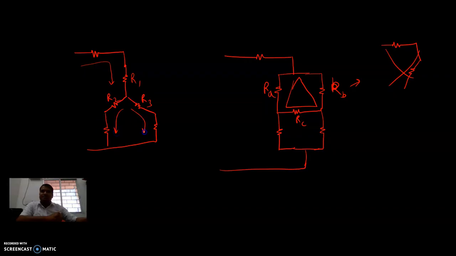This is how the current flows, and you can easily find the equivalent resistance. That is how conversion from delta to star and star to delta is very helpful for solving complex numericals. Thank you very much, and in subsequent videos we will be doing the numericals based on this.